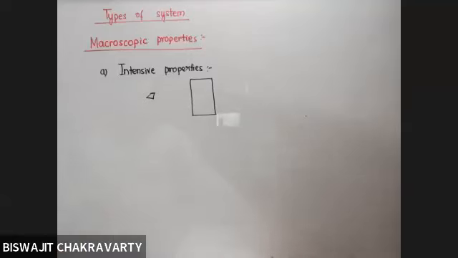But mass and volume are properties which depend upon the amount of the substance. So hence we will have to ask ourselves: if I change its amount, suppose we have a small mug of water, and that water will have some density. Now if you take a large drum of the same water, will the density change or will it remain the same?